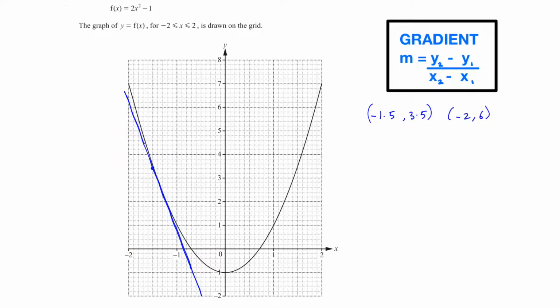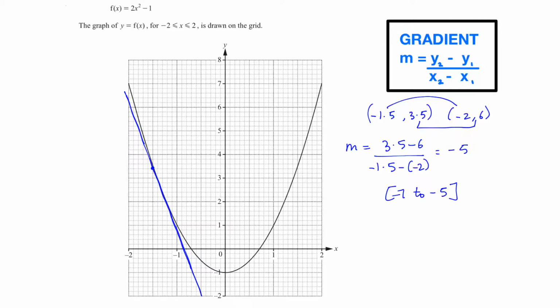Now to find the gradient, we are going to subtract the y values, so 3.5 minus 6 over negative 1.5 minus negative 2. And this will give us negative 5. If your answer is between negative 7 to negative 5, that will be right.